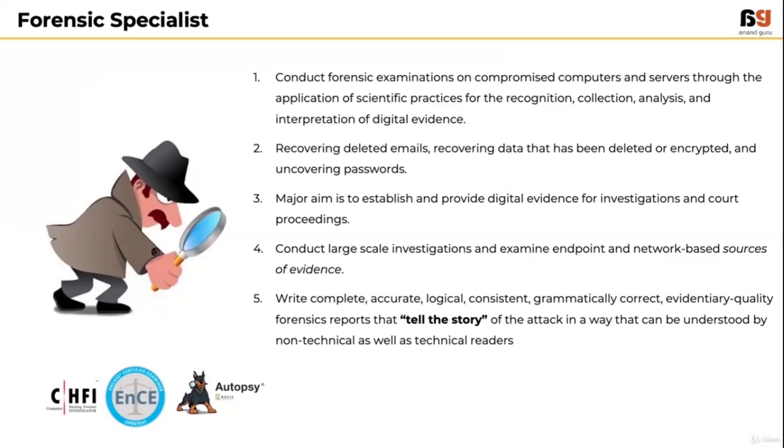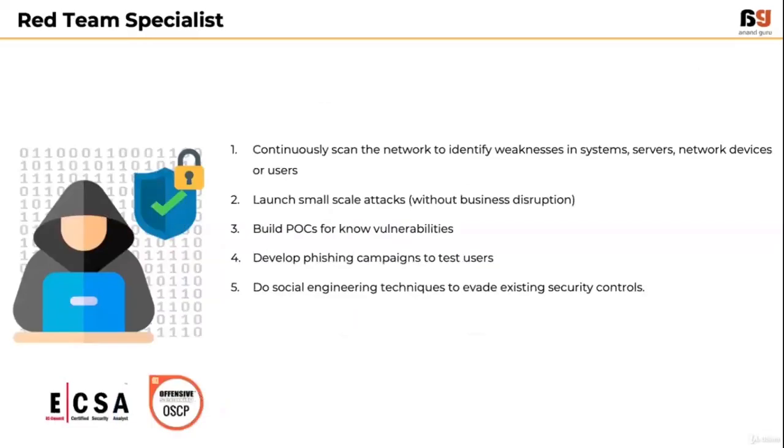They gather them together and produce accurate, logical, consistent, grammatically correct, evidentiary, qualitative forensic reports. And in all, they tell the story of how the attack went from step 1, step 2 to the end in a way that everybody will understand it and sit up. So the red team specialists, these guys continuously scan the network to identify weakness in systems.